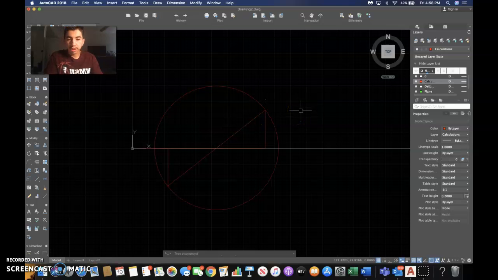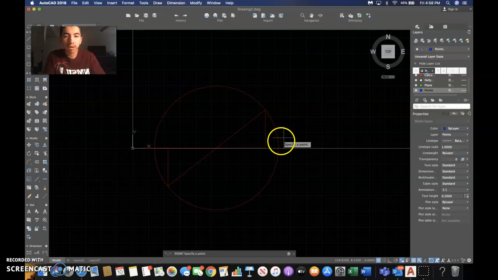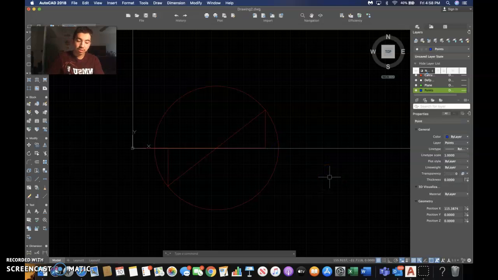Okay, so the first question is to find the principal stress. And I'm going to go to my points layer, make a point, this point right here, for the maximum or the major principal stress, sigma 1. And so that point is 115.3874 kPa. And then now the minor.